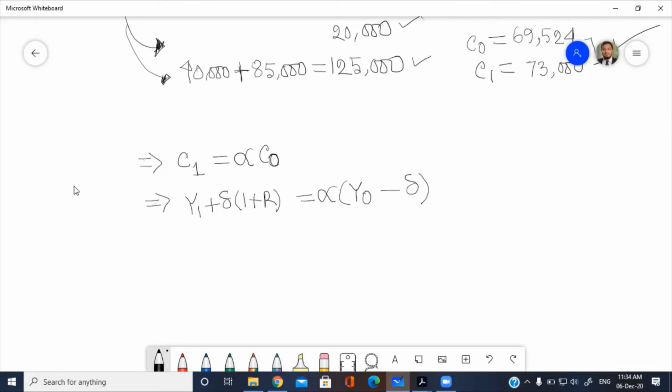So if I elaborate this, delta plus delta R equals alpha y naught minus alpha delta.